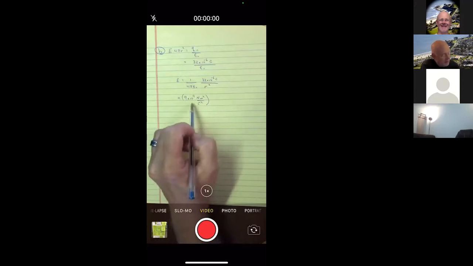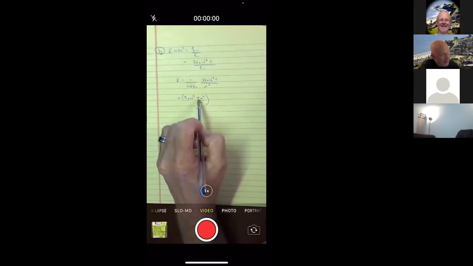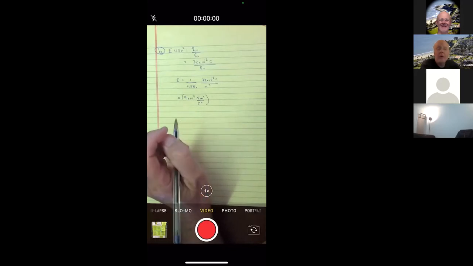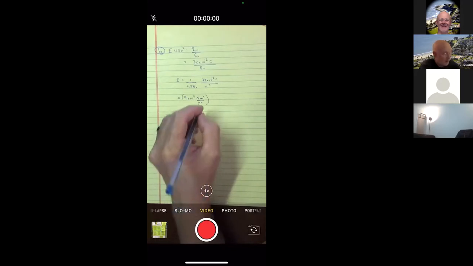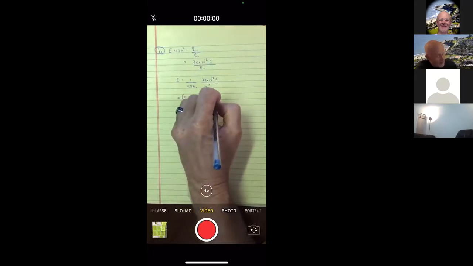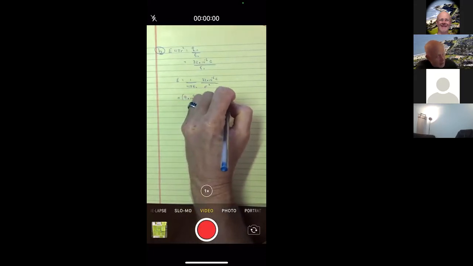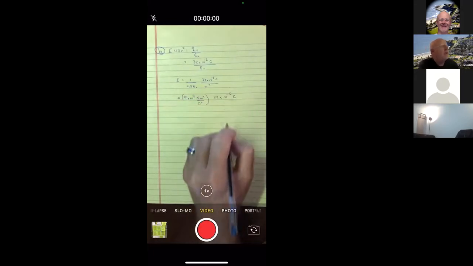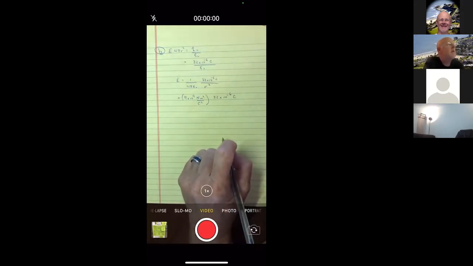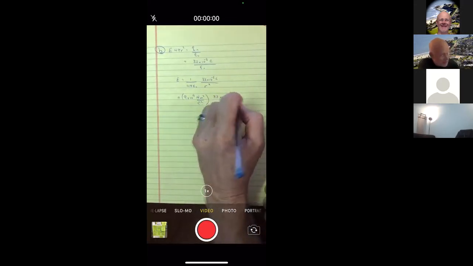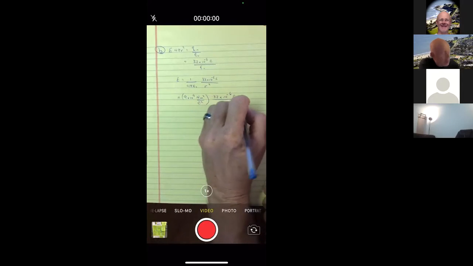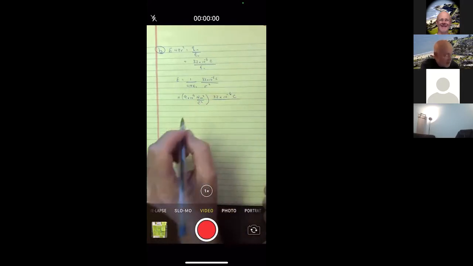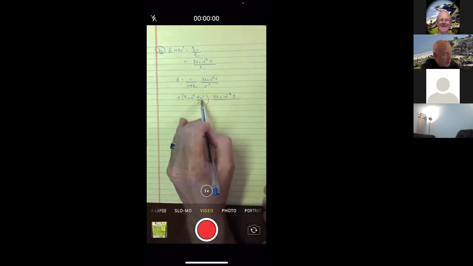So that is 9 times 10 to the 9 newton square meters over Coulomb squared. This is 32 micro, so 10 to the minus 6 coulombs over, I should probably be a little careful with my units.